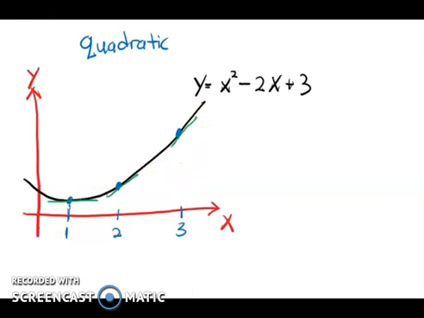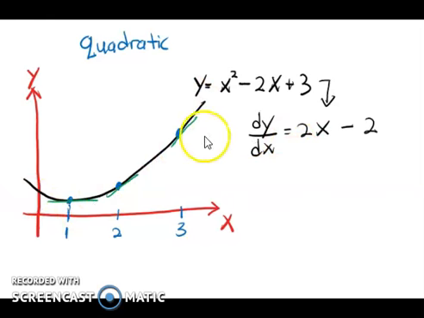Now we take this equation and we have to differentiate this equation. When we differentiate this equation, we will be getting 2x minus 2. Okay, this is the gradient of this curve. Now for example, we take x is 1.